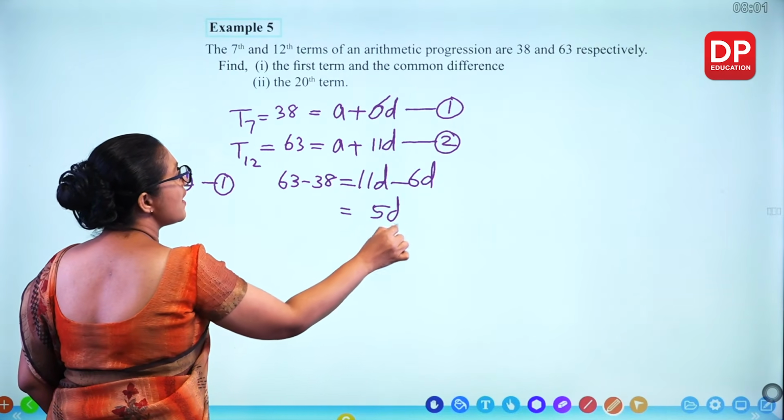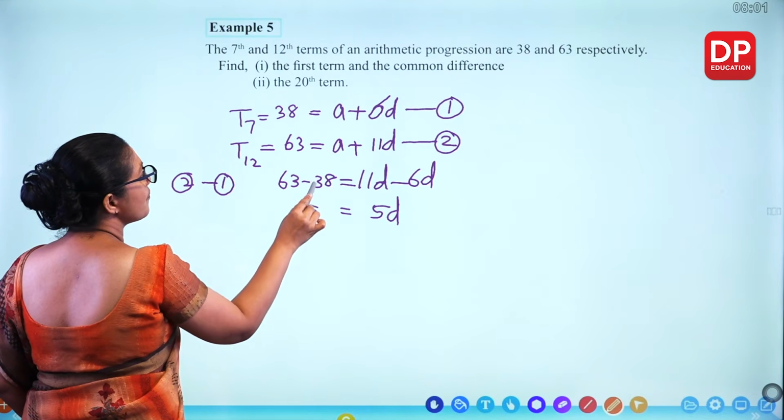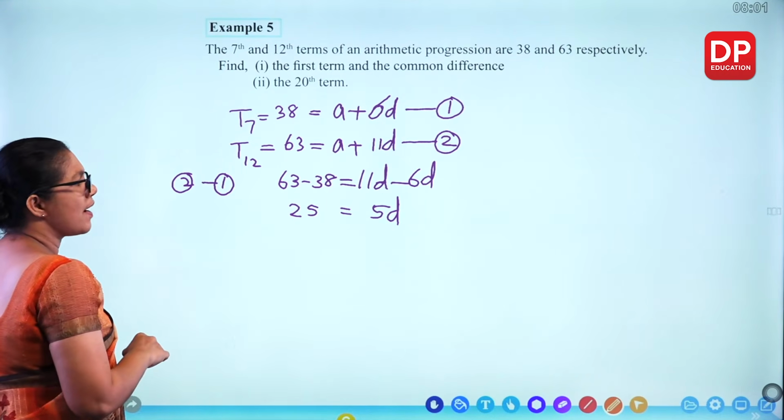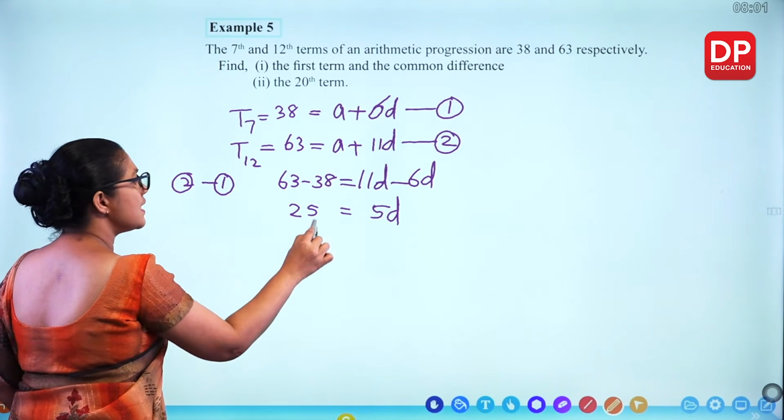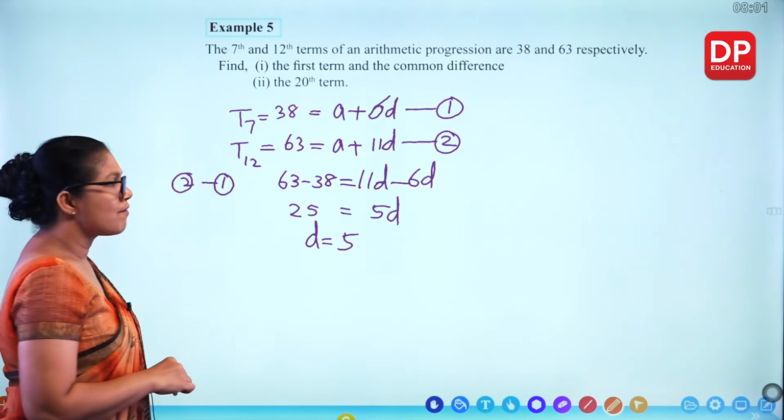It becomes 5D equals 25. So what's D? 25 divided by 5 is 5.